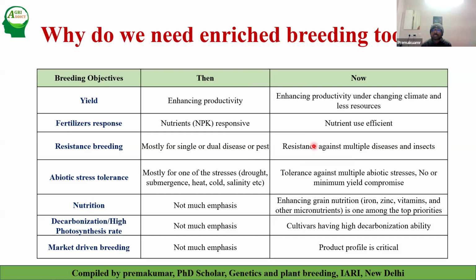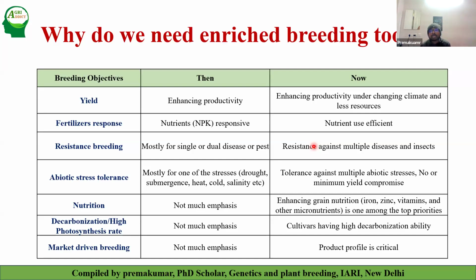New pests are rising due to climate change and changes in weather patterns, so we have to continuously breed for the dynamic change in pests and diseases. Then there is abiotic stress tolerance. Earlier, because of environmental stability, we didn't have that much pressure from heat stress or drought stress. But nowadays, we have to breed for multiple abiotic stresses.